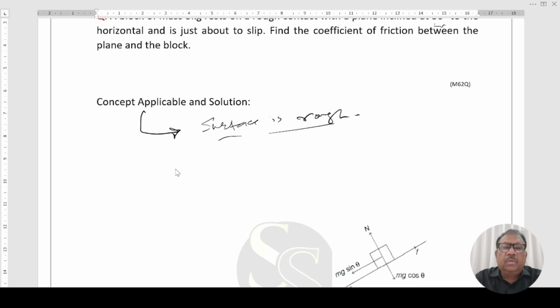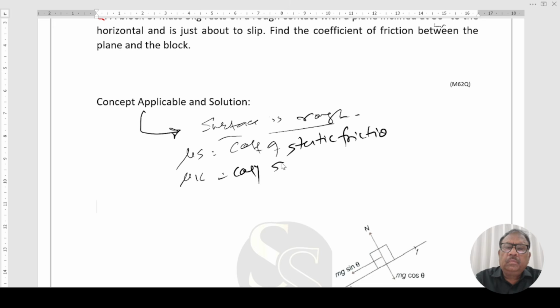Then there are two things. One is mu s, one is mu k: coefficient of static friction and coefficient of kinetic friction.